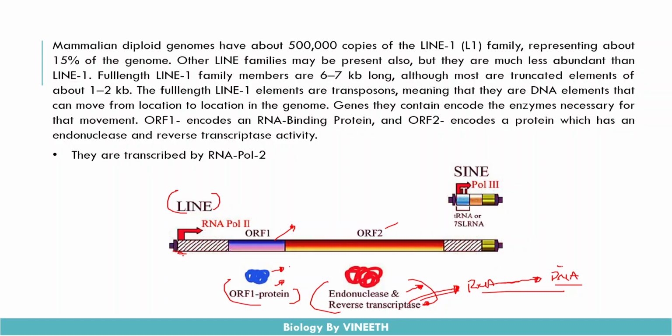And this DNA will now get incorporated into some other location of the chromosomes by using the endonuclease enzyme. What this endonuclease does is go and cut the sequence of the chromosome.